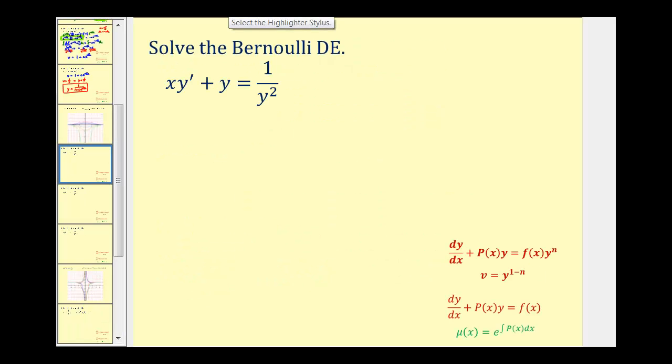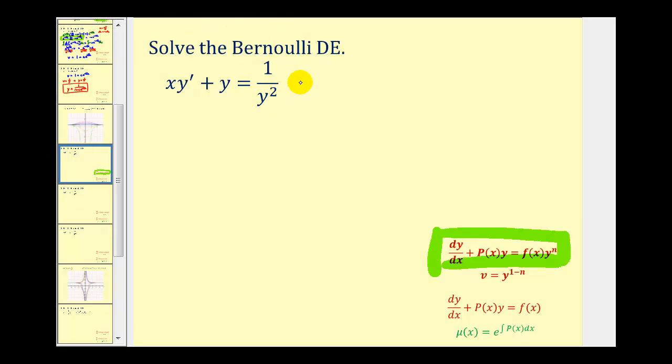First, we need to recognize that the given differential equation is a Bernoulli differential equation given by this form here, but it's not quite in the correct form. We want this first term to be y prime or dy dx. So we can either multiply every term by 1 over x or divide by x to put this in the correct form.